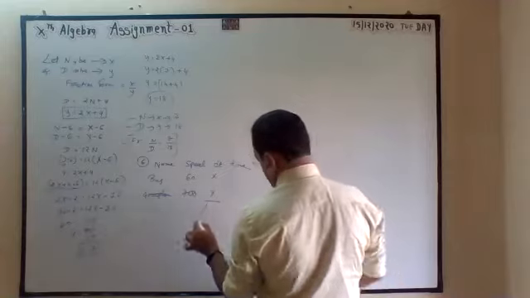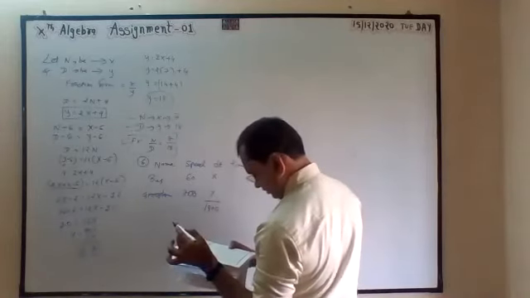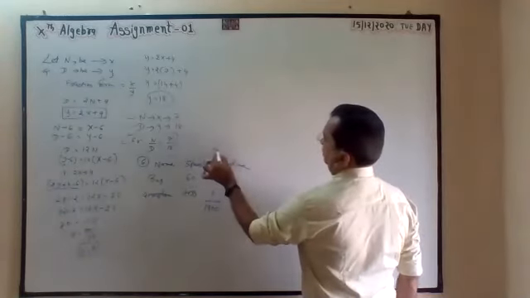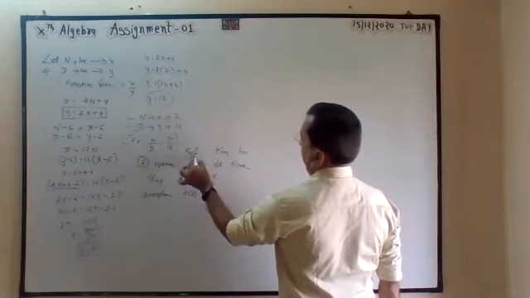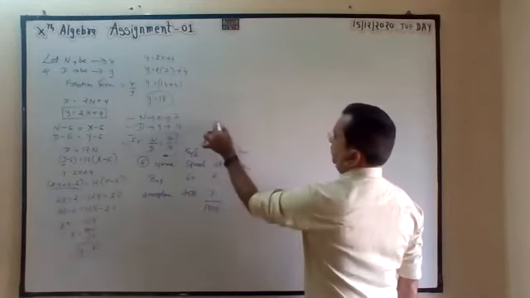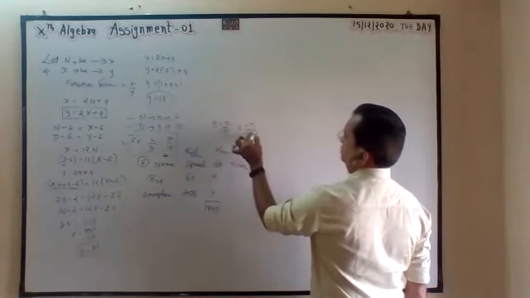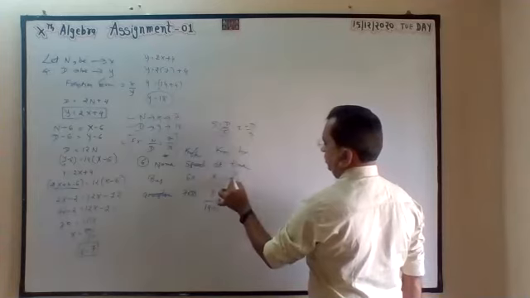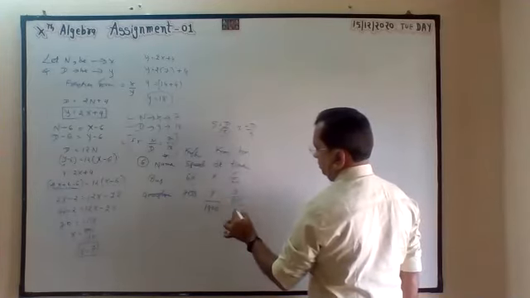But the total distance is 1900, this is in kilometer. This is in hours. This is in kilometer per hour. So speed is equal to distance by time, so time is equal to distance by speed. So x by 60, y by 700.